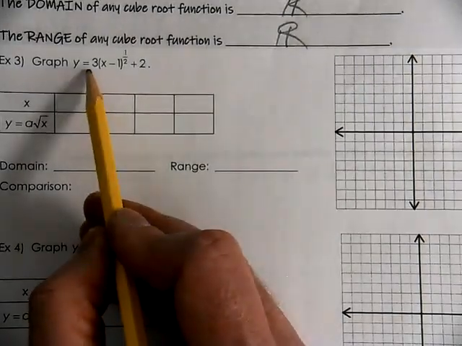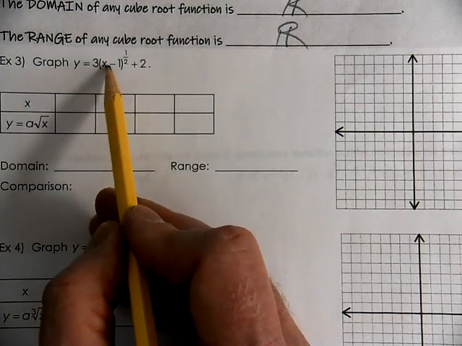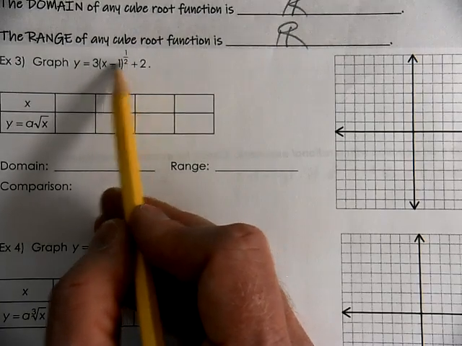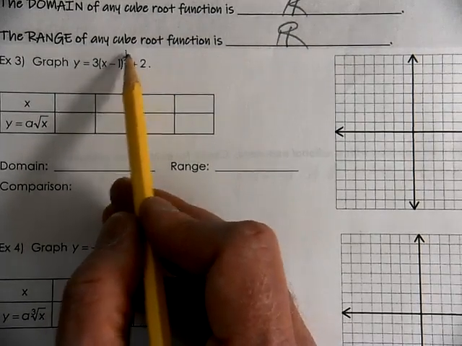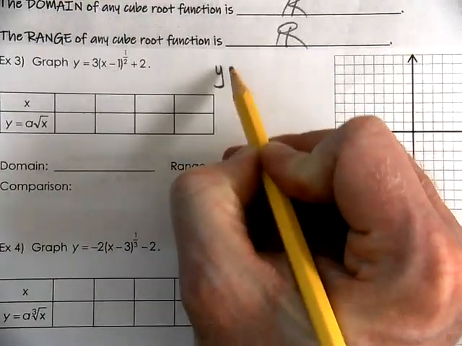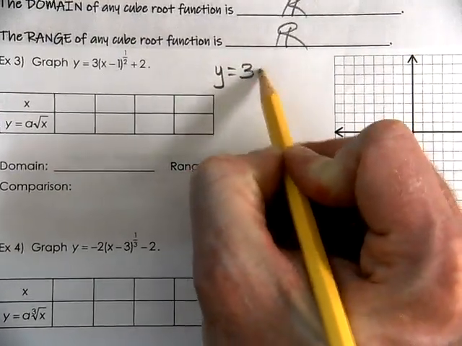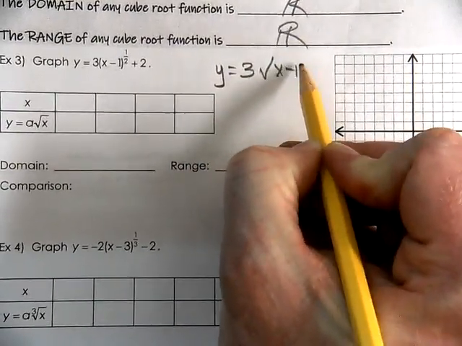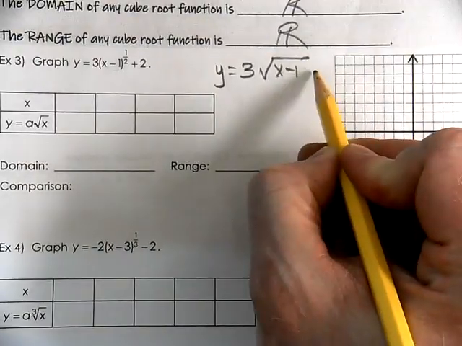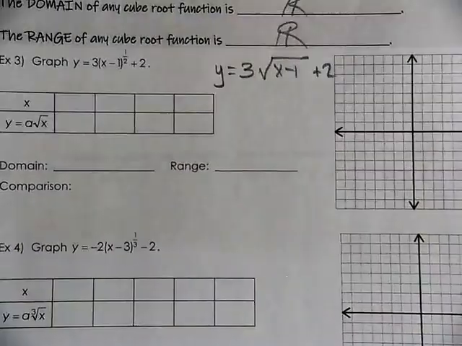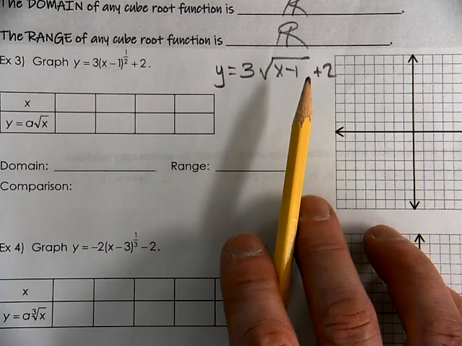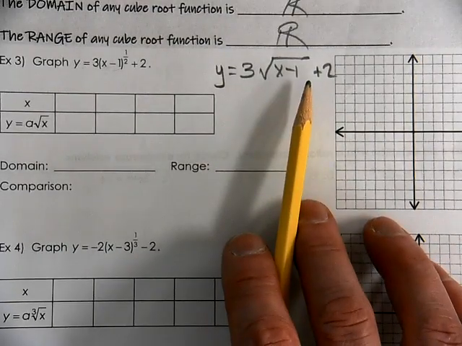So here we have y equals 3. We have some parentheses with a half that's telling us that everything inside the parenthesis is inside the square root. X minus 1 is inside the square root. Then the plus 2. You need to be very careful on how you write your radical.